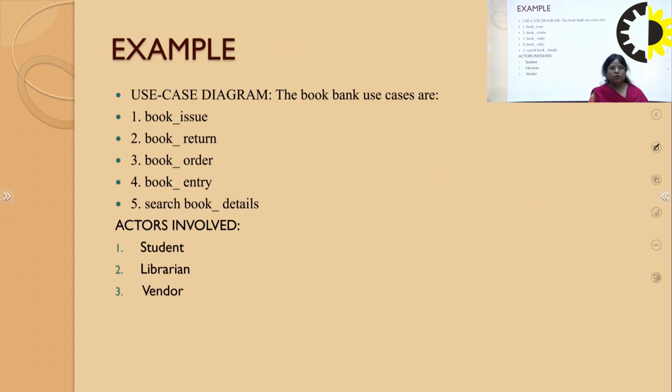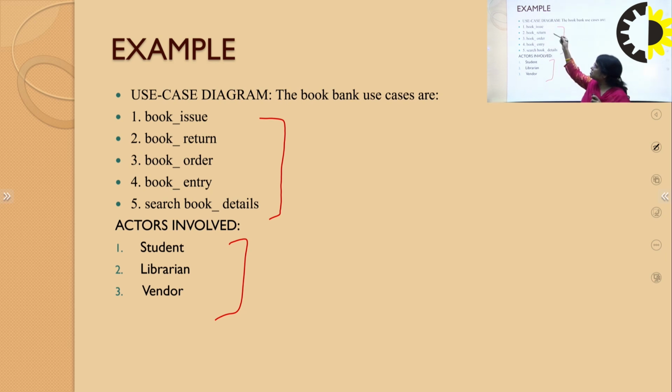So if we talk about the book bank use cases, we need to identify the actors and concerned use cases. For mentioning the names of the use cases, I have told earlier that it is desirable to use a verb.